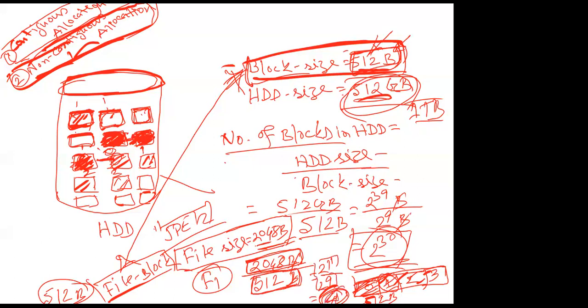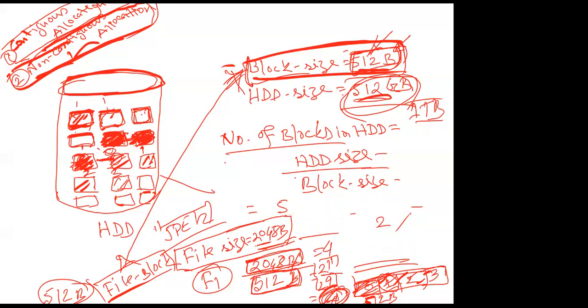You get a total of 4 blocks: 2 to the power 11 divided by 2 to the power 9 is 4 blocks. So a total of 4 blocks is required for this file.